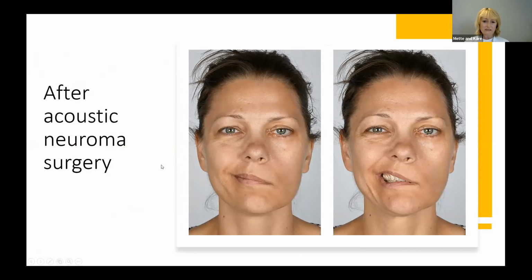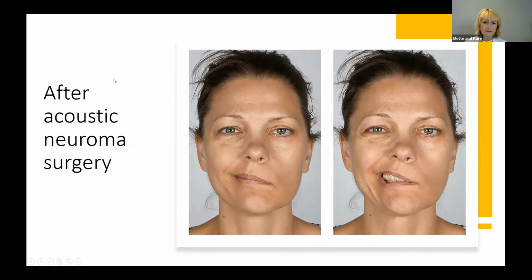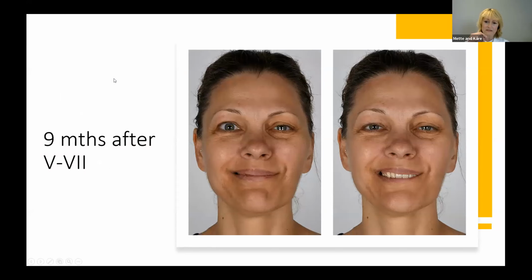This is one example of an acoustic neuroma patient after surgery, about 9 months out after surgery. And this is she after such a procedure with the whole facial nerve trunk anastomosed to the masseteric nerve.